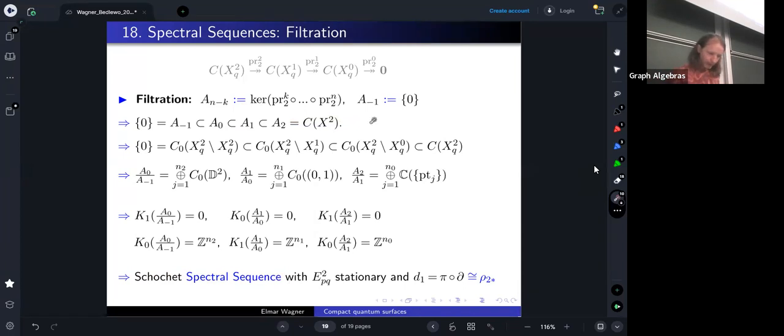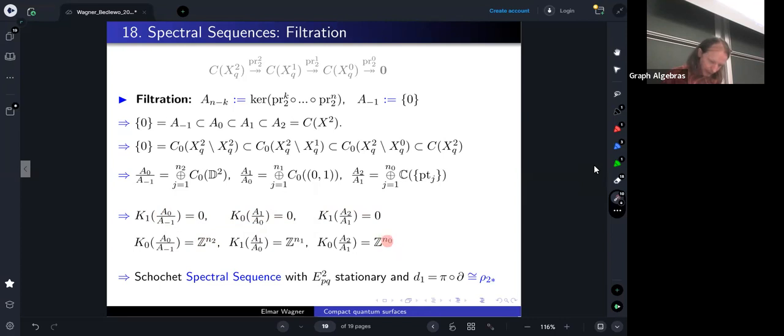So we have this K1 of 2 disk, 0. K0 of 1 disk, the open interval, is 0. And then K1 of points is 0. In this line, we have only zeros.